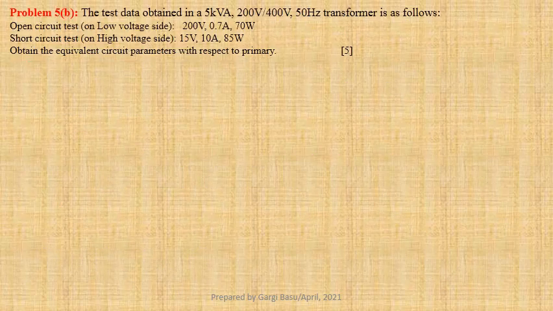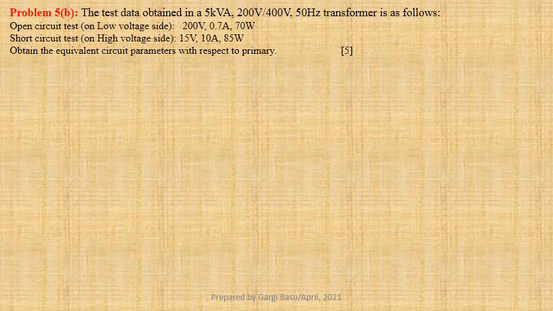Problem number 5b. The test data obtained in a 5 kVA 200 volt by 400 volt 50 Hz transformer is given. During open circuit test, instruments were connected on low voltage side.